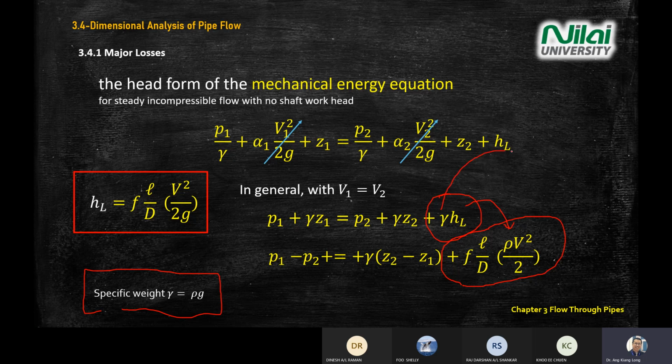Okay, explain to me what is gamma. It's rho G. What is HL? The equation, sir. Which one? FL. The one you got, V squared over 2G. This one, right? Yeah.